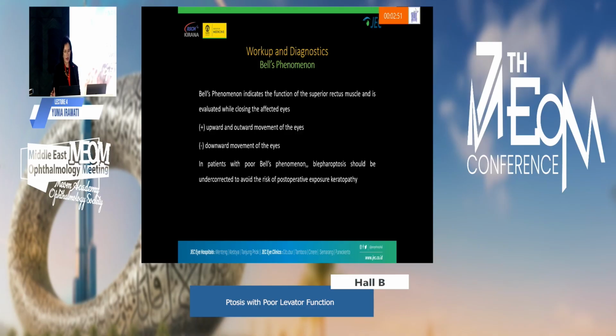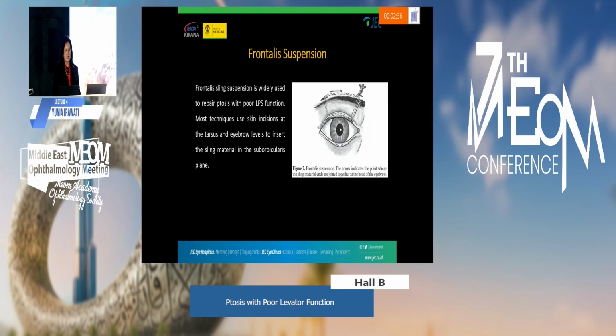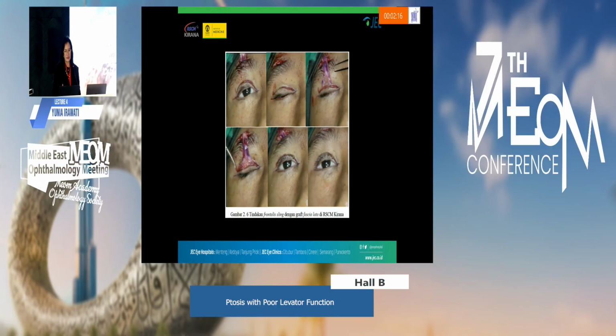If we have a poor condition of blepharoptosis, sometimes we undercorrect to prevent exposure keratopathy. In poor levator function, the technique is to make an incision at the skin crease, make a tunnel, and place a sling material in the orbicularis plane. We can use synthetic material or allograft.